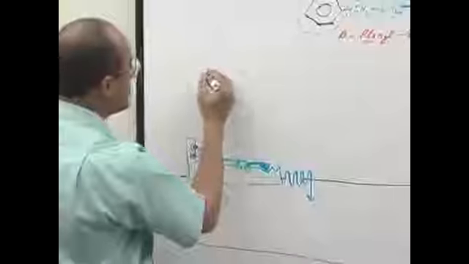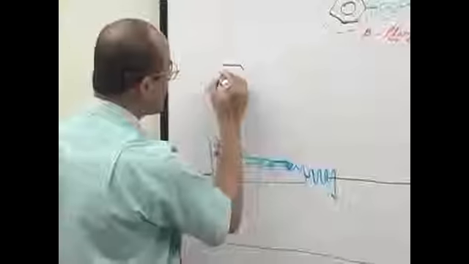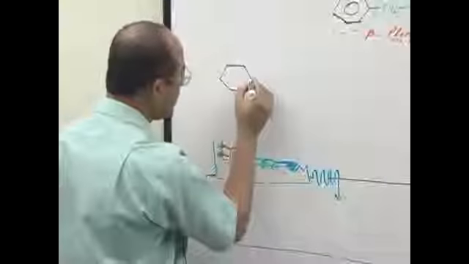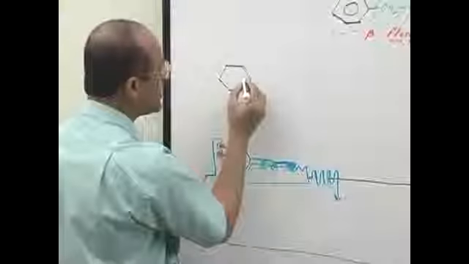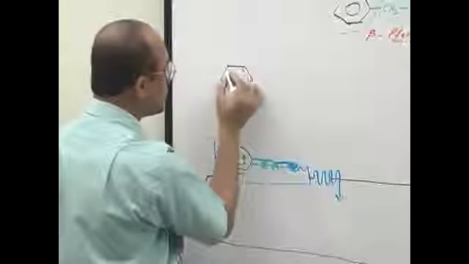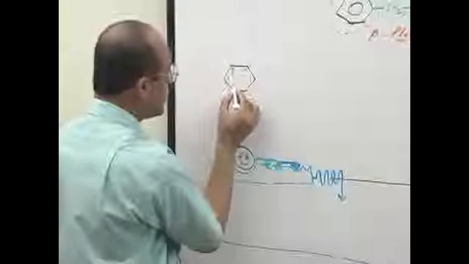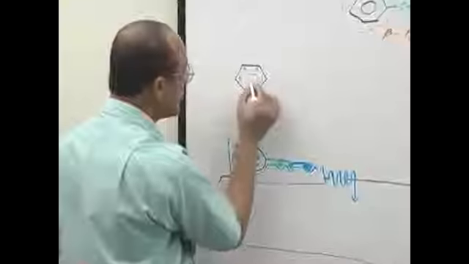As you know, this is our benzene ring or phenyl ring. Here it has carbon number 1, carbon number 2, 3, 4, 5 and 6.